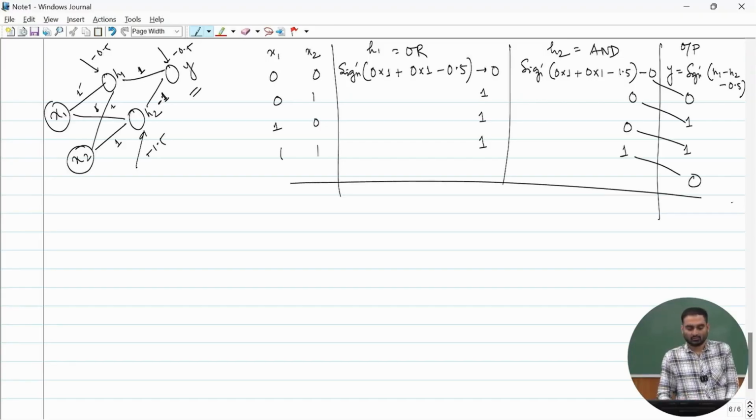So now with multilayer perceptron we will be able to mimic this XOR, which is the beast, right? The XOR function. So far we have discussed basic architecture of perceptron, multilayer perceptron.